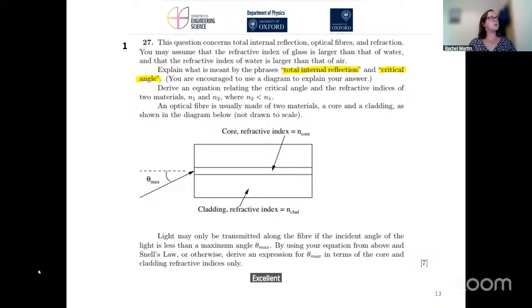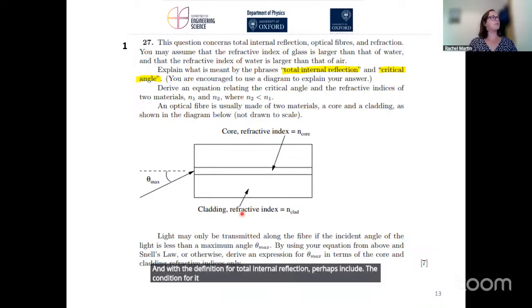Excellent, well done. So we've got some good definitions coming in. And with the definition for total internal reflection, perhaps include the condition for it to happen.